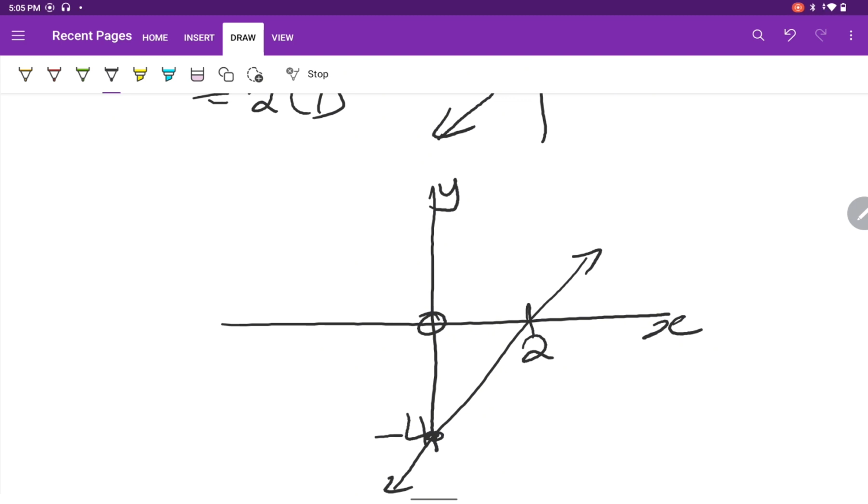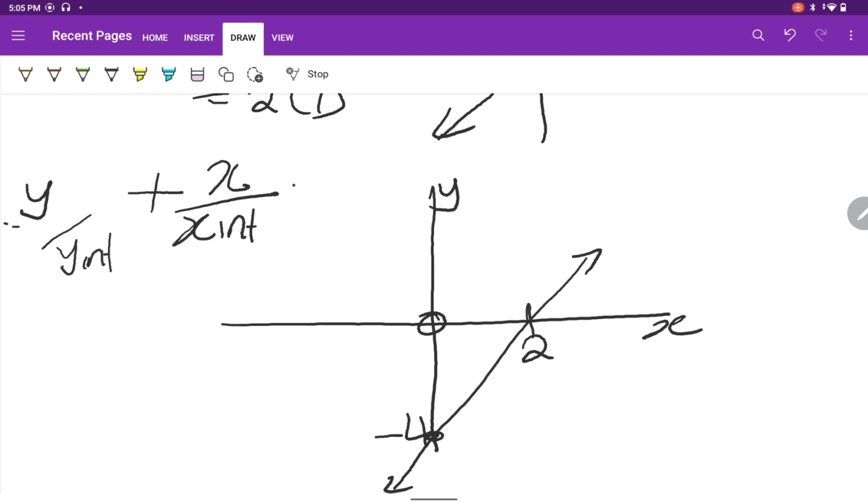So the first one is we can use the formula if the x-intercept is given and the y-intercept is given. So we'll just say y divided by the y-intercept plus x divided by the x-intercept equals 1.